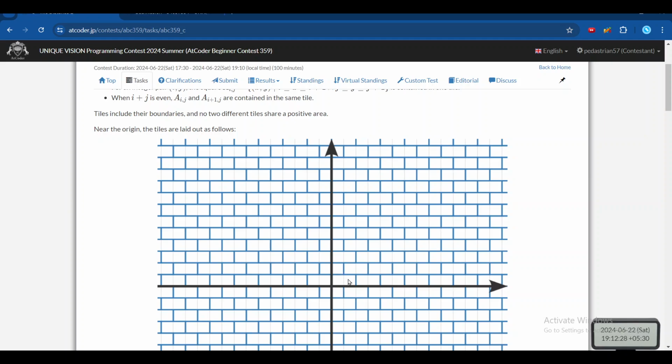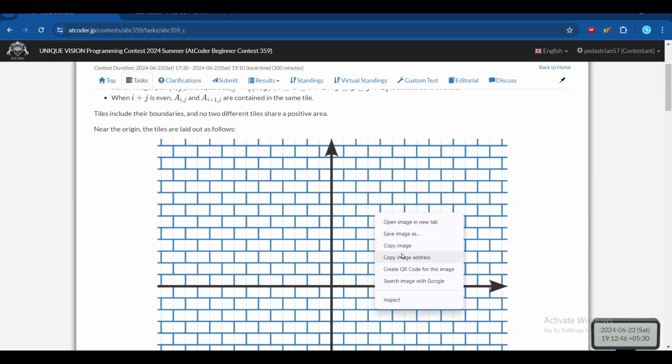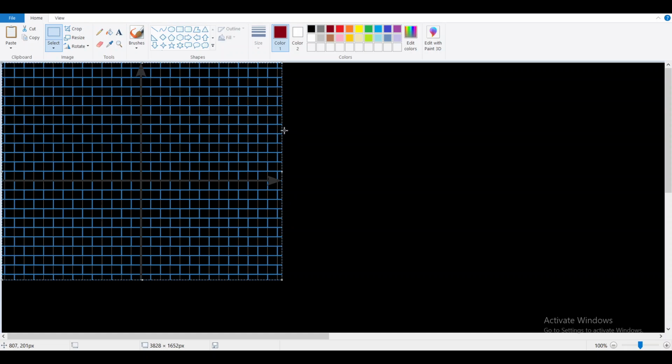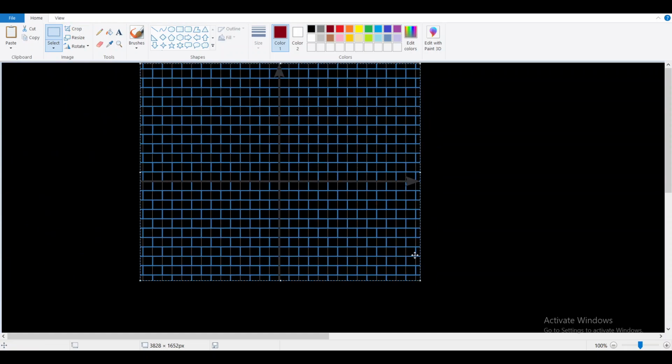If the row number is even, let's say this is 0 comma 0, then these two cells are merged, and if it is an odd number of row, then these two cells are merged. So let me copy this image and paste it here.